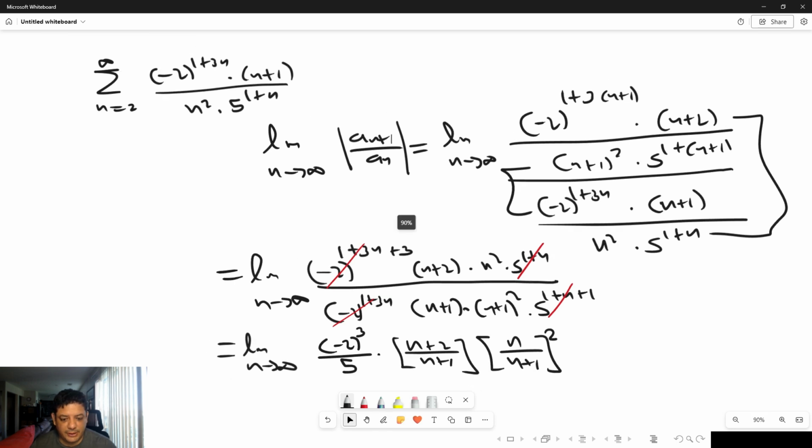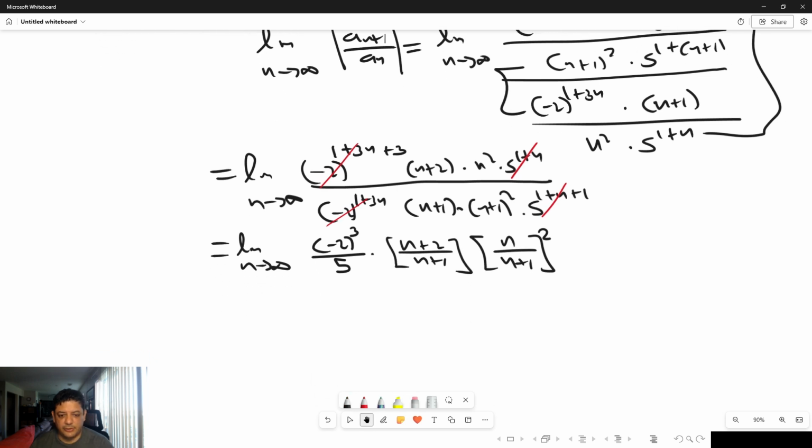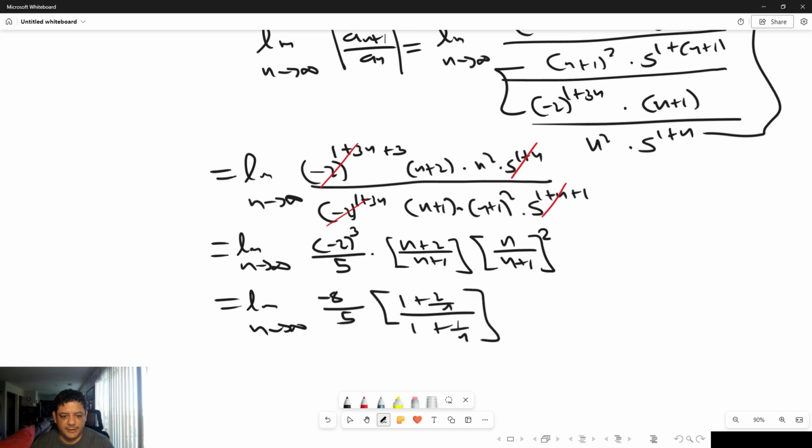And now to finish this one up, I can just divide by n up and down on both of these limits. This is going to be 8 over 5 times 1 plus 2 over n over 1 plus 1 over n, and this is going to be 1 over 1 plus 1 over n squared. And when n goes to infinity, all this goes to 0, and all this goes to 1, and, well, I forgot the absolute value here, which actually matters because we have a negative number.